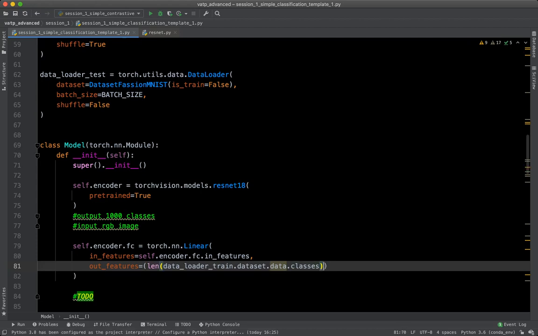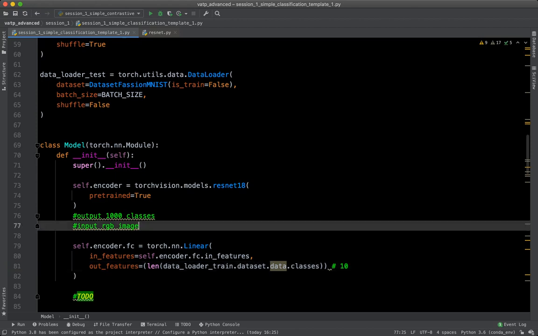So if you add it like this, or you can just type in 10, doesn't matter. If you want to do this quick, you can type in 10 here. That doesn't matter really. So this is one thing. So we solved the output feature. So this is checked, we did it.